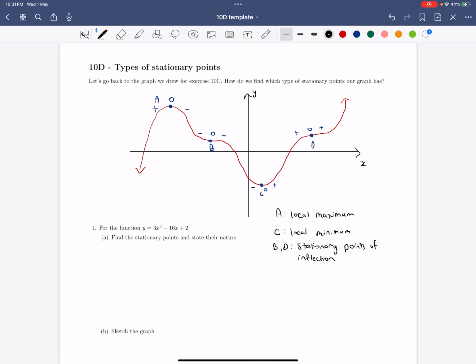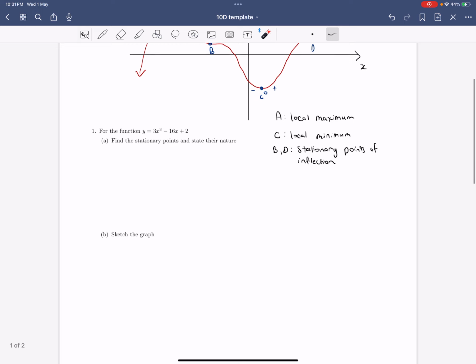As long as the gradient is the same to the left and the right of the point with 0 gradient, the stationary point, then you have a stationary point of inflection. So for example, for B, negative and negative, for D, positive and positive. Whereas for your local maximum, you go from positive to negative, and for your local minimum, you go from negative to positive. All right, so let's try some of these questions.